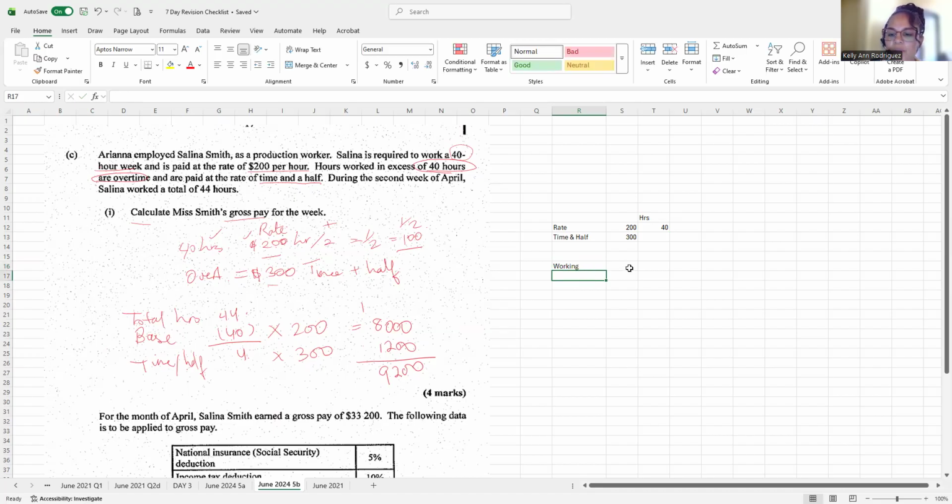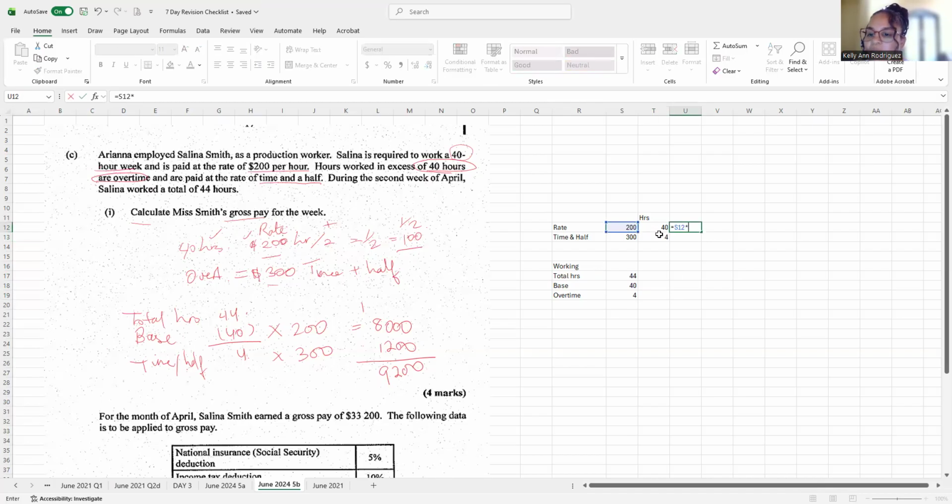In this case, you could show a little working for your examiner to see. You can show them that total hours was 44, base is 40, so overtime is 4, right? So you show the examiner you know what you're calculating here, and you put in the 4. Now, this is not a set-in-stone format. You could do it any way once it makes sense.